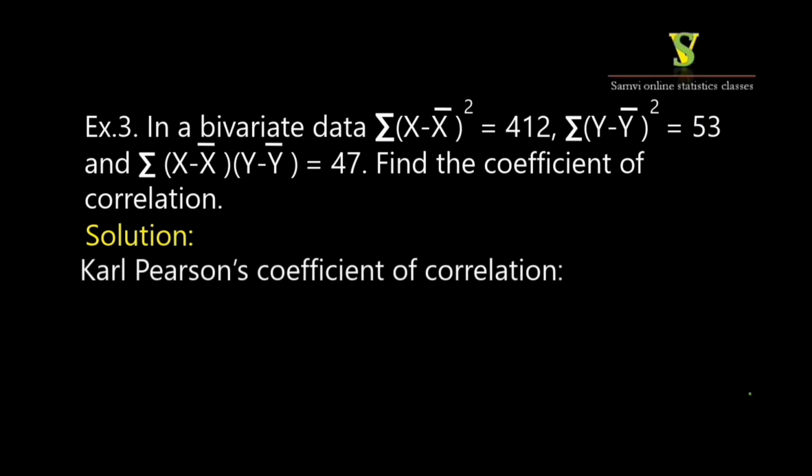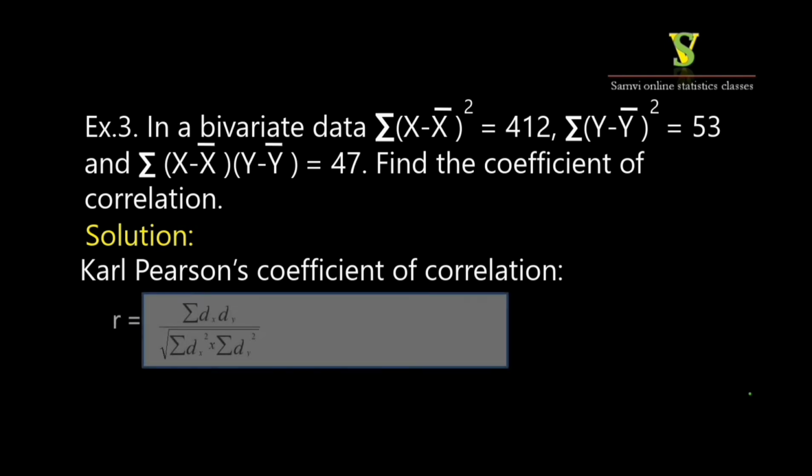So we know the formula, Karl Pearson's coefficient of correlation. The formula is r equal to summation of dx dy divided by square root of summation of dx square into summation of dy square. So just substitute the values. Summation of dx into dy is 47, and square root of summation of dx square is 412, whereas summation of dy square is 53.